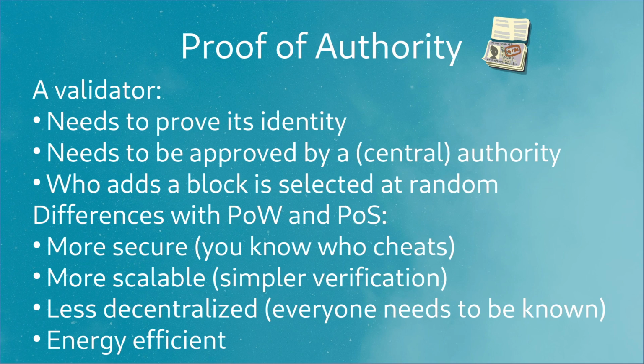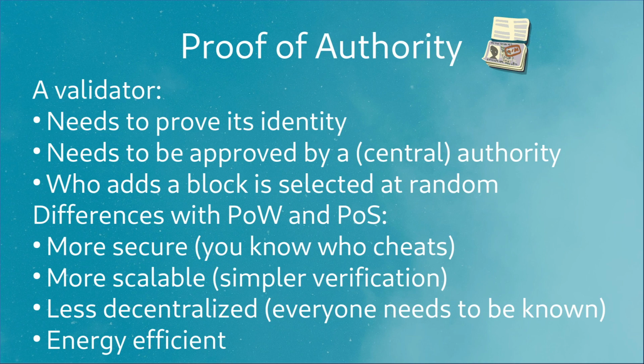On the one hand, you also know what the validators are beforehand, so you can do the same thing as with proof of stake and make the blockchain more scalable. But also with proof of authority, the verification is simpler than with proof of stake. So therefore, the blockchain can be made a bit more scalable even.